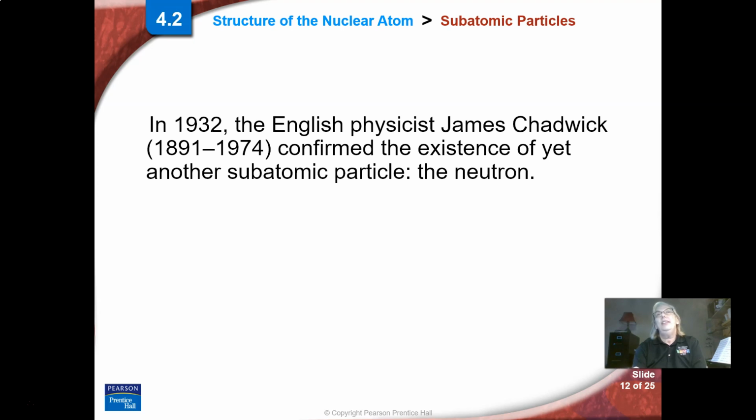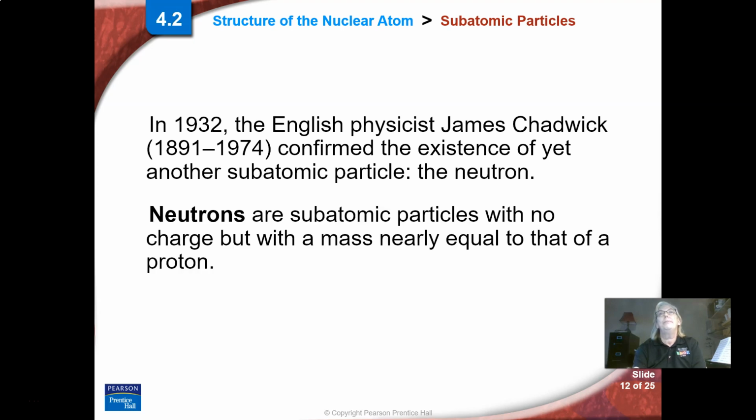Then the hardest thing to figure out was the neutron, because it has no charge, so it's hard to do experiments if you can't make it attracted or repelled from something. So he figured out in 1932 the neutron, which is neutral, has no charge, and is part of the atom.